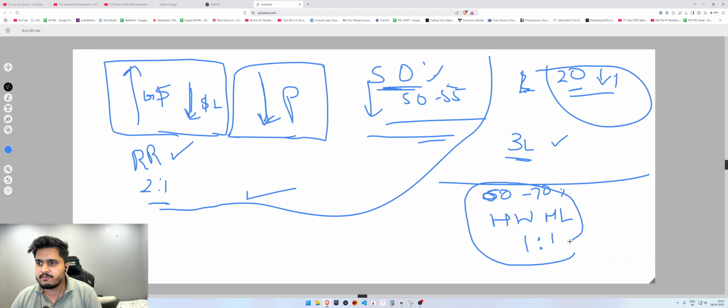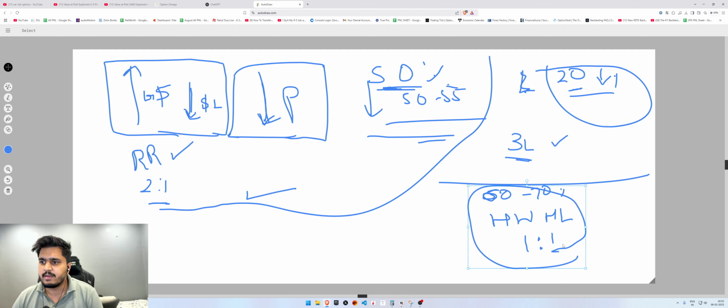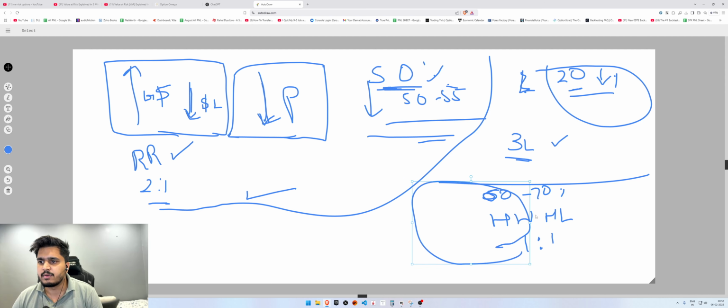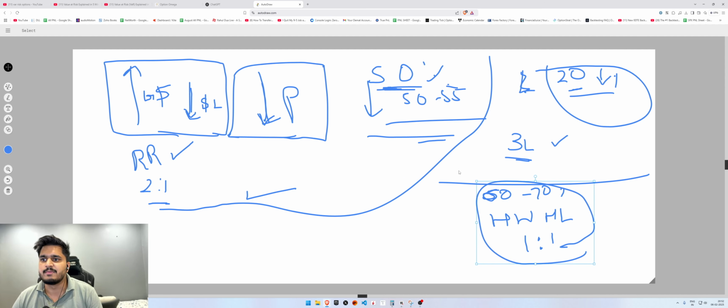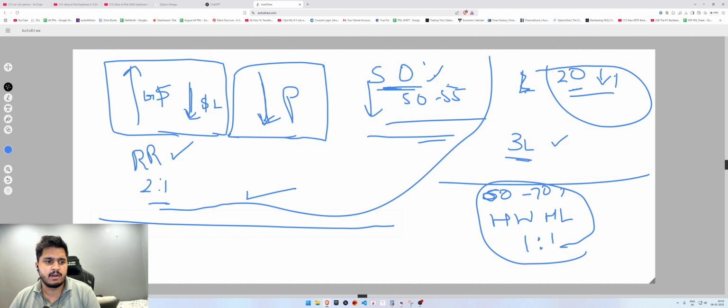If you can find something around these lines, obviously this can be 1.2:1 RR. I have no idea how to play with this, but yeah, you can play with it. That is a 60 to 70% win rate, and 1:1 RR works. The next I would look at is your bread and butter.